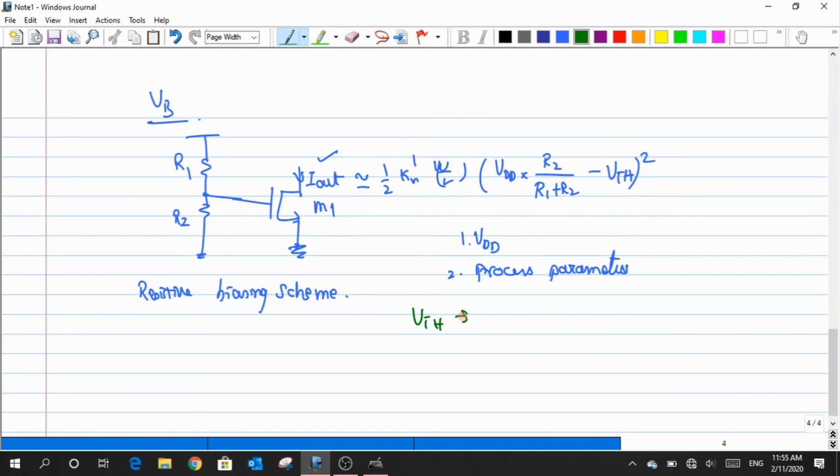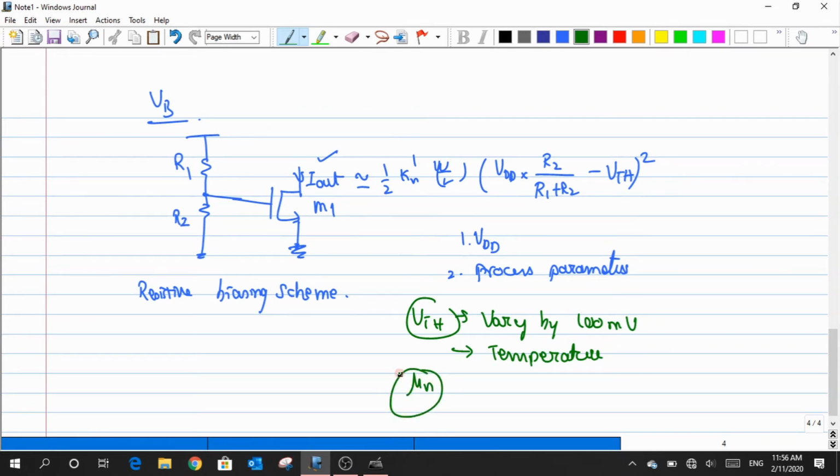Okay, and that is one thing that bothers me. It varies by almost 100 millivolts from wafer to wafer, and also this VTH exhibits temperature dependency. Whenever there is a rise in the ambient temperature, the VTH also varies. So again, that is something we never want to happen. It is not only this VTH that depends on the temperature, but what about this mu?